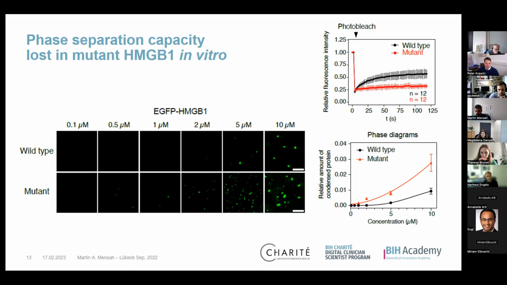You know this process from when you try to mix oil and water. This will not work. So you can perturb your mixture, and then you put your glass on your desk, you wait for a few moments, and then you have two phases, an oily phase and a water phase. Those two phases separate on their own because of the biochemical features of the molecules within. And proteins can also do this.